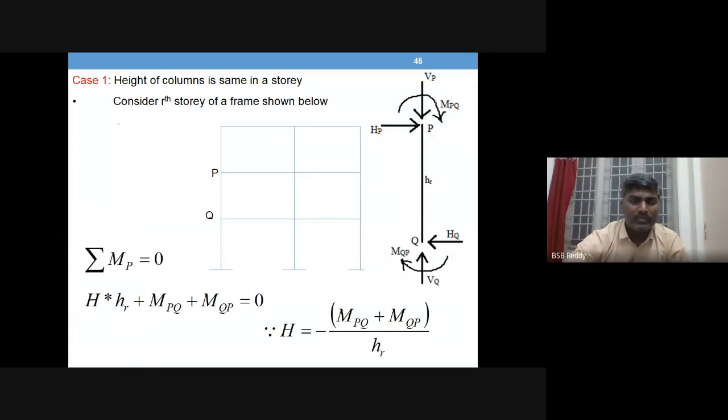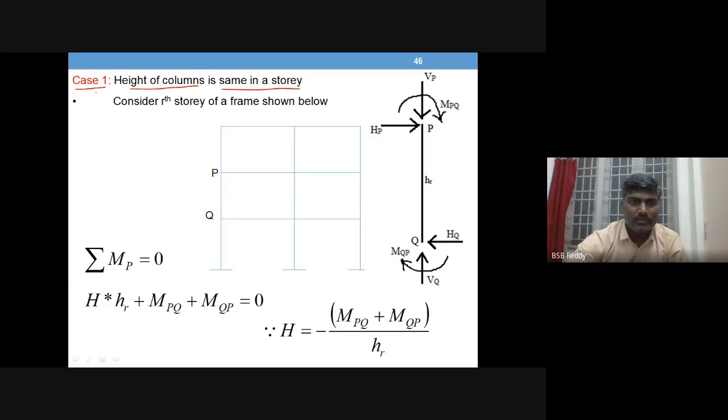Okay. So there are two cases in case of frames having sway. So case one, we will take up. The case one consists of height of columns is same in a particular story. So this is a case, and another case we'll be dealing is having height of columns different in a particular story.